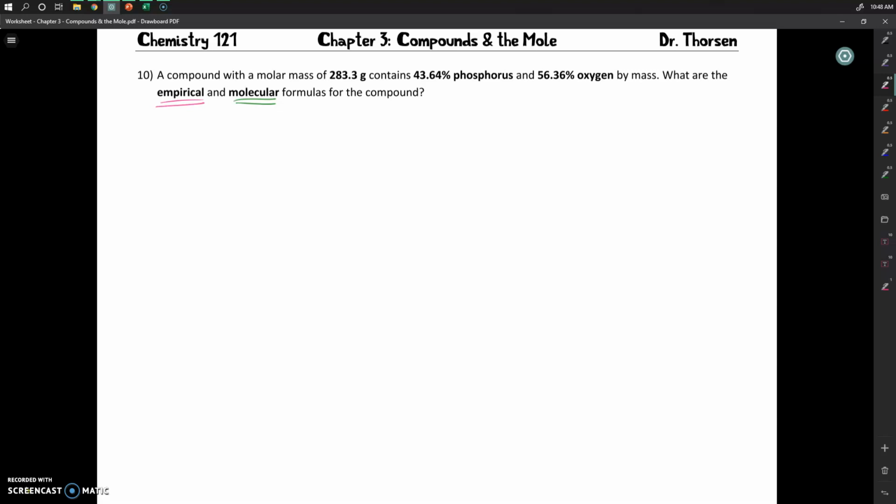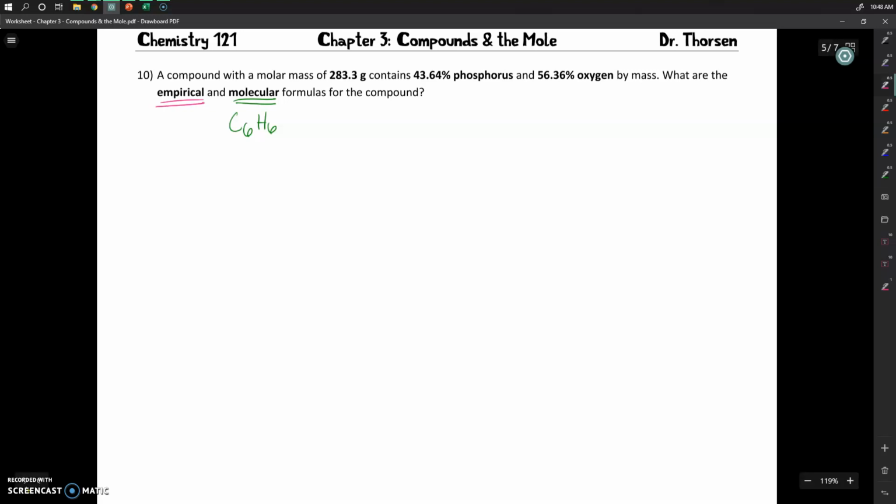So just as an example here, one of the previous problems on this worksheet dealt with benzene, which you may remember was C6H6. The molecular formula for benzene, the way it actually exists, is that it has these 6 carbons and these 6 hydrogens.